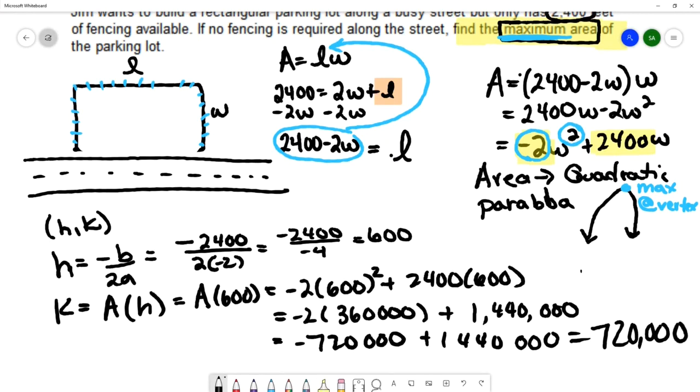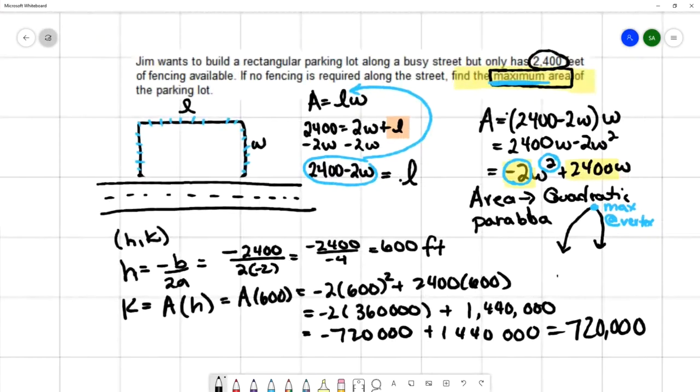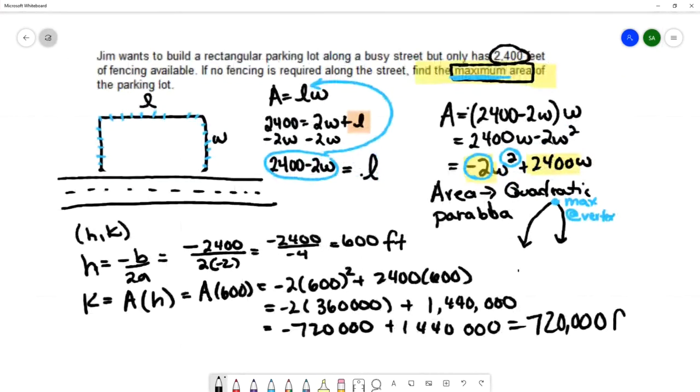So we need the width of this parking lot to be 600 feet, and the maximum area of this parking lot will be 720,000 square feet.